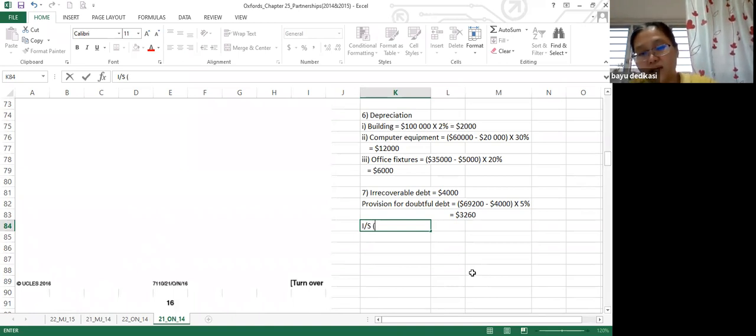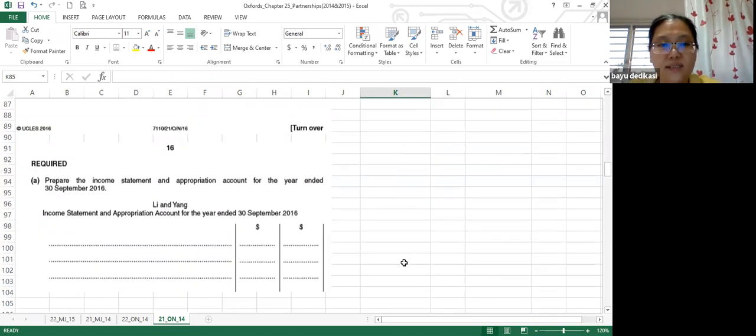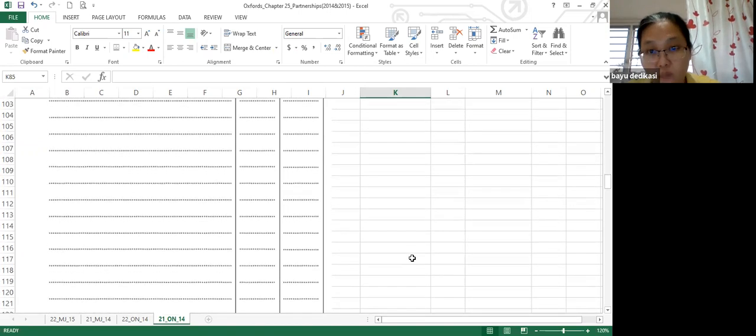So that means definitely it is an expense. So the expense is 3,260 minus 2,000, which is 1,260. So this is the expense for the increase in provision for doubtful debt. So basically all the calculation I have given to you.